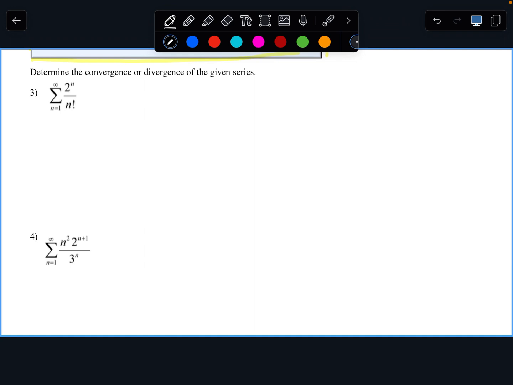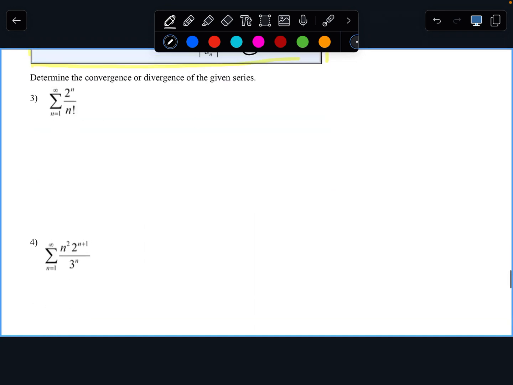Because usually I like my limit comparison. If it's fancy or complicated, I do limit comparison test or ratio test. So like this one, it's hard to tell what to compare it to. That's how I know I'm going to do ratio. It's kind of painful though, the ratio test, just because you're dealing with a lot of algebra. But we'll be fine, right?